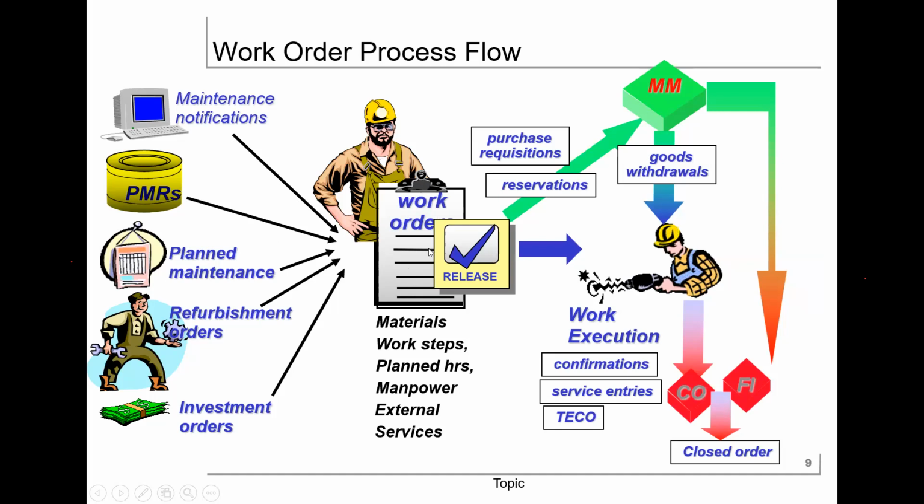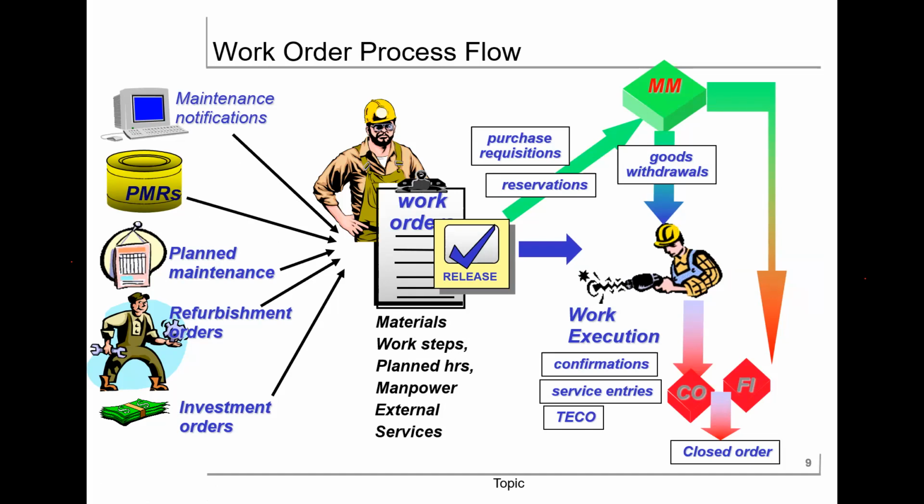However, once the work order is created, what are the things we maintain in the work order? Say you want a shaft: we maintain a material, work steps like replacement of shaft, planned hours, say 2 hours for the replacement, and manpower and external services. External services means you are procuring services from the outside.